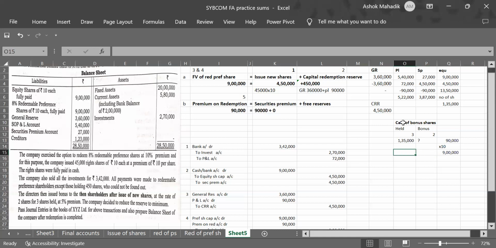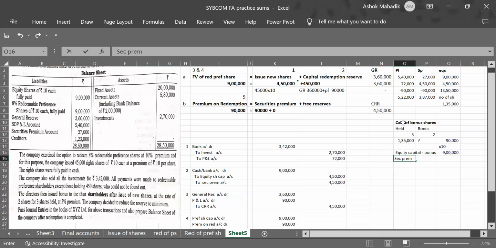Clear? So equity capital in the form of bonus shares should be raised. Clear? And they say that it is issued at a premium of 5%. So again, we are collecting security premium.